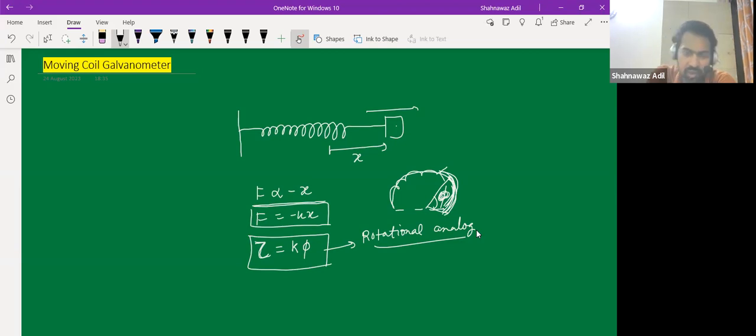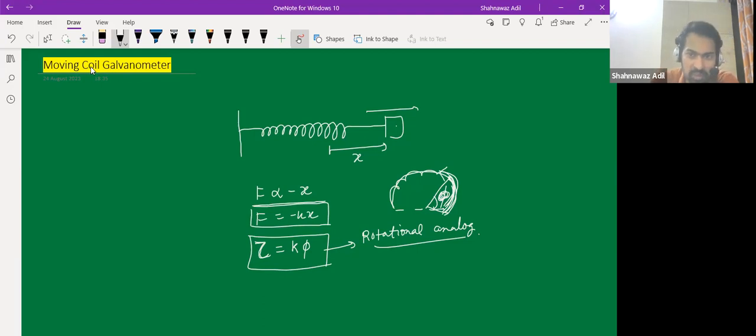Yes. Okay, so the basic structure of this moving coil is exactly like that. You have a coil which is wrapped around some soft iron core, and it is creating some rotational effect.